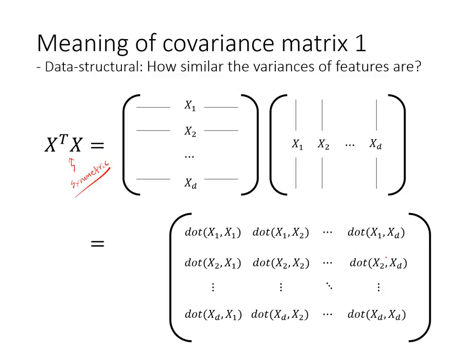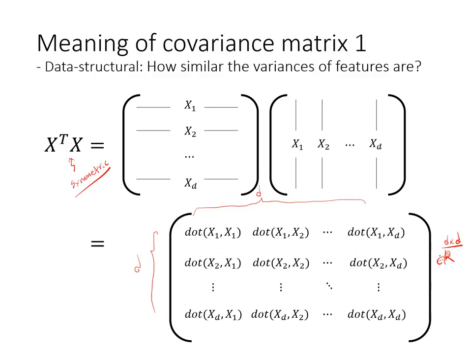And you can see that the number of rows is D, and the number of columns is also D. So it's a D by D matrix.